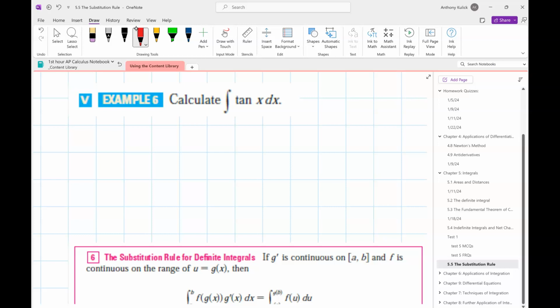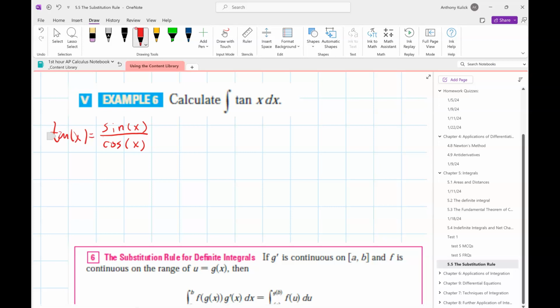How are we going to do this? Yeah, let's rewrite tangent as sine over cosine. Great idea. Always got to remember those trig identities. They never go away.